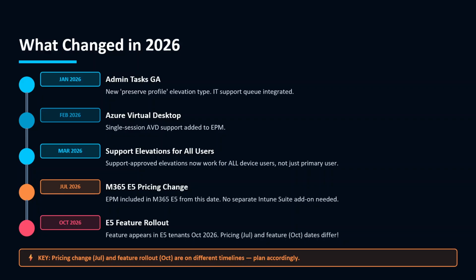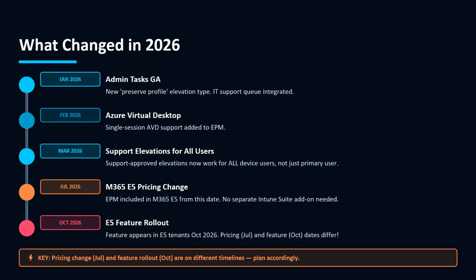Let's jump in. What changed in 2026? I'm creating this video now because EPM is an old Microsoft tool, but a lot of changes happened in EPM in 2026. In January, a new preserve profile evaluation type was added, and IT support queue was integrated.